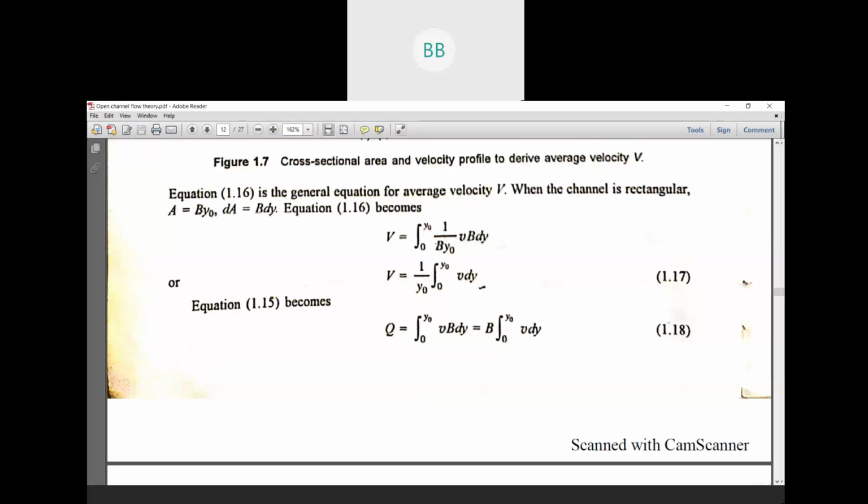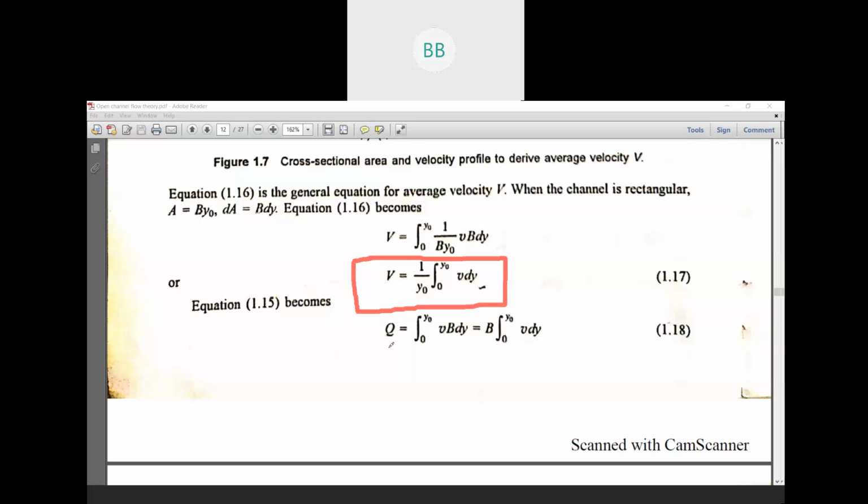So this B and this B cancel out. We bring 1 by y naught out, and what is left is the integration from 0 to y naught of v dy. This is the average velocity expression for a rectangular channel.